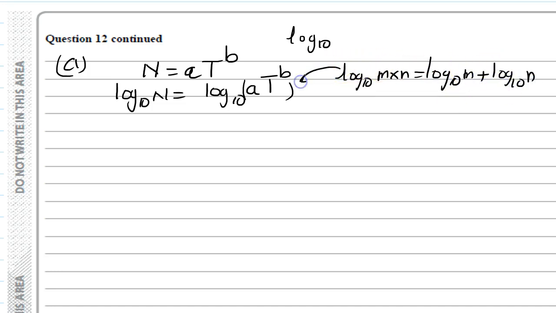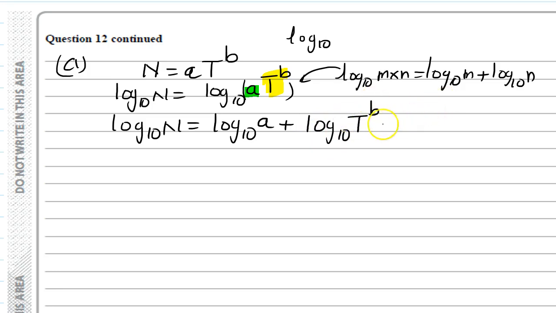Here we can apply logs, because there are two functions: one is a and one is t to the power b. So let's apply log base 10 n equal to log base 10 a plus log base 10 t to the power b.